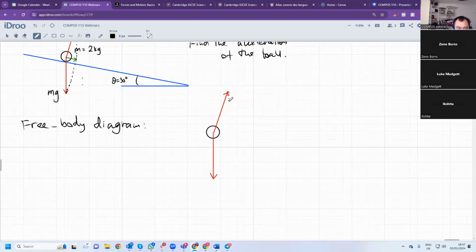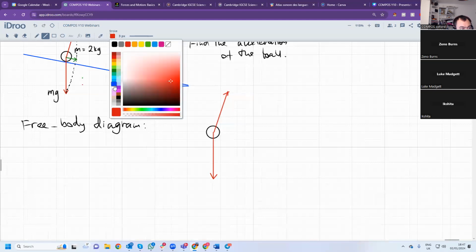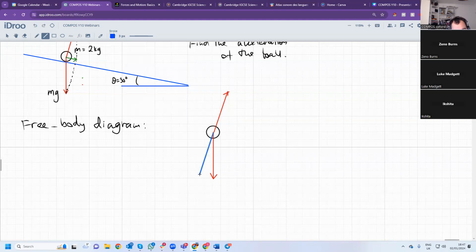By the way, this is the next topic. You don't really need to worry about it. Because the ball is accelerating along the slope, we are interested in what's going on along the slope. So we break down the weight into two components, a component like this and a component like this.